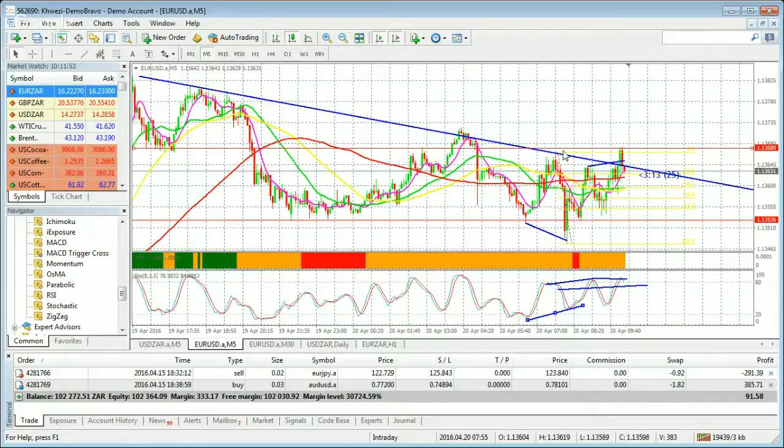Could be that it was a false break because of the support, or well, the resistance, support and resistance level here. You can see.